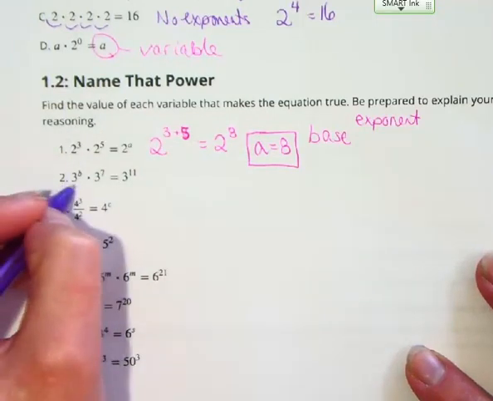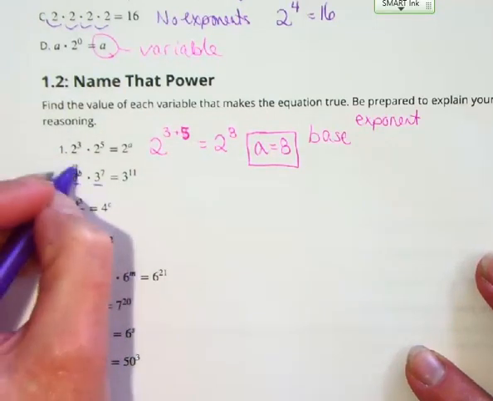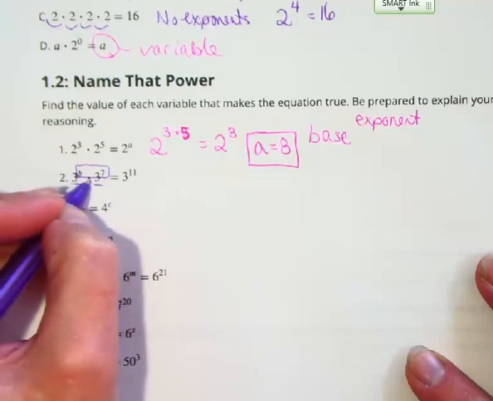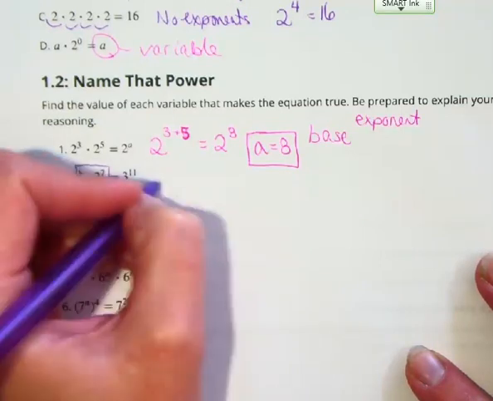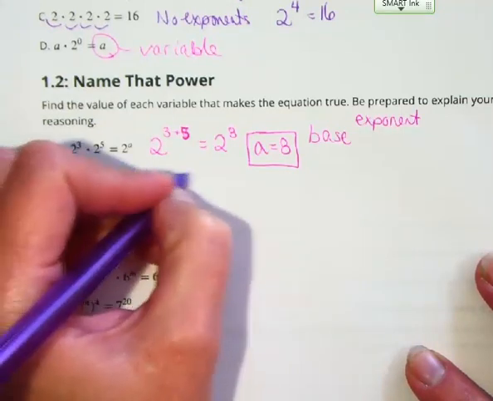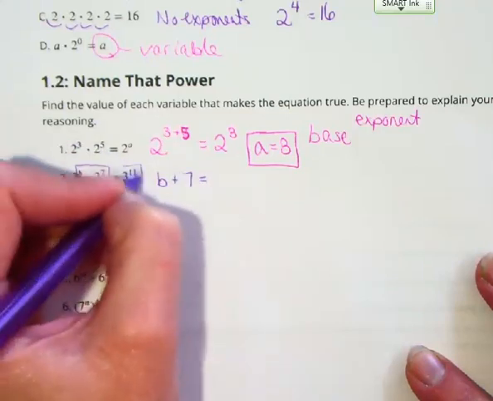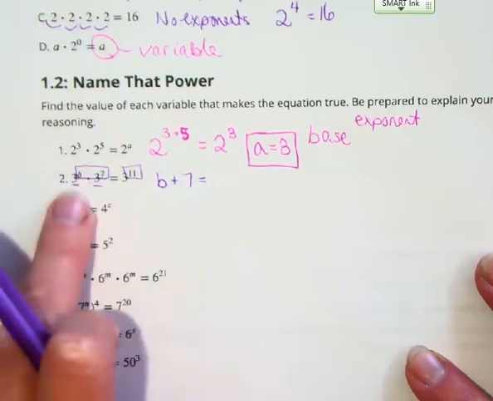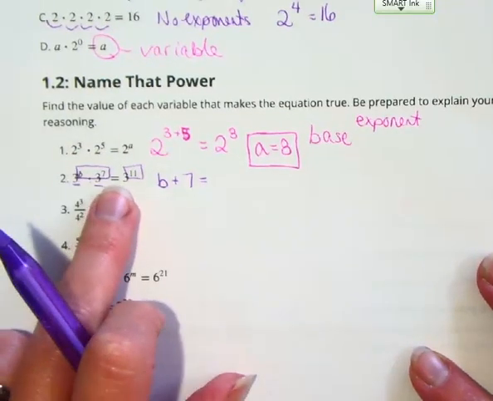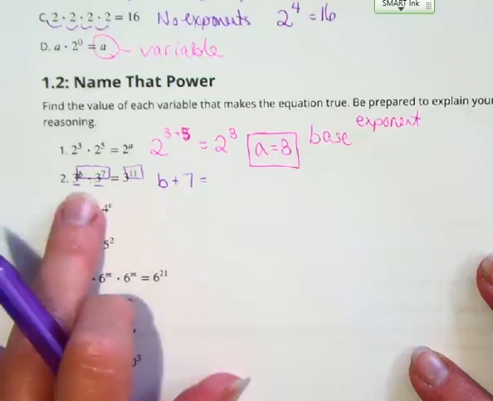Our next one has the same thing, same base and multiplying. So we're going to add those exponents. So b plus 7 has to equal the exponent 11.